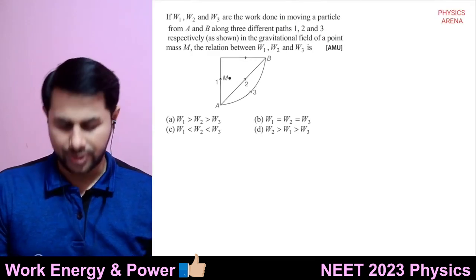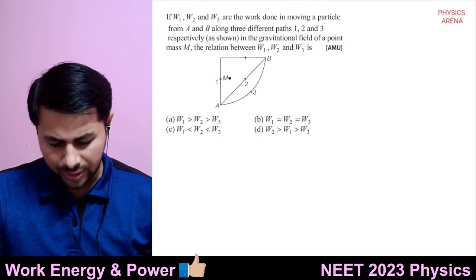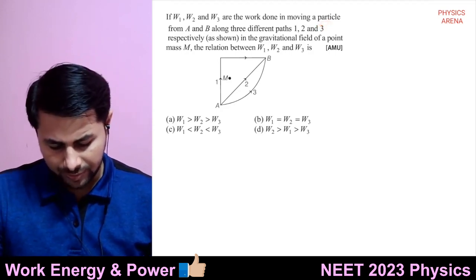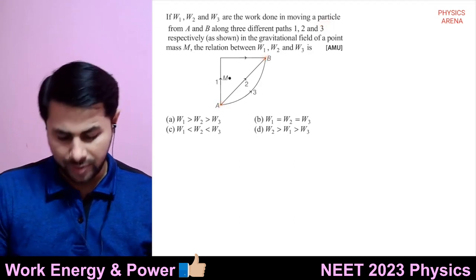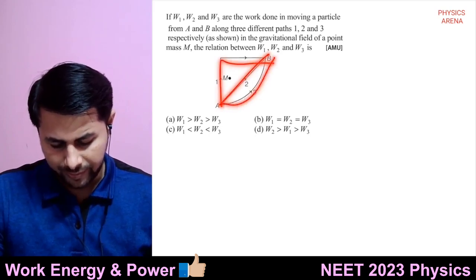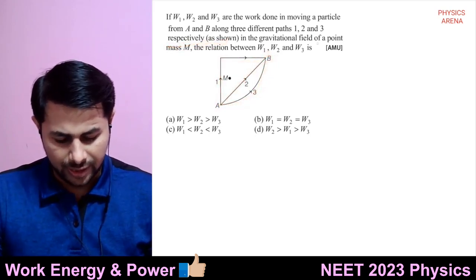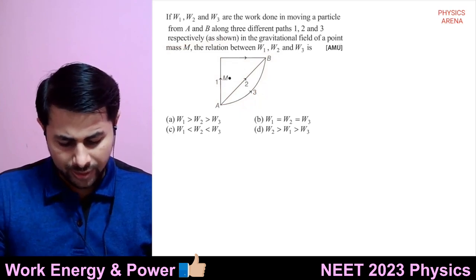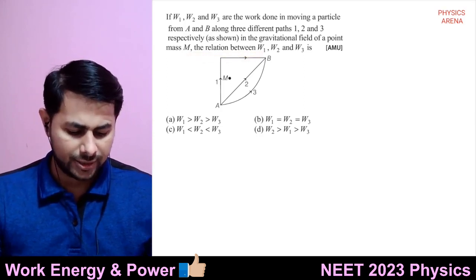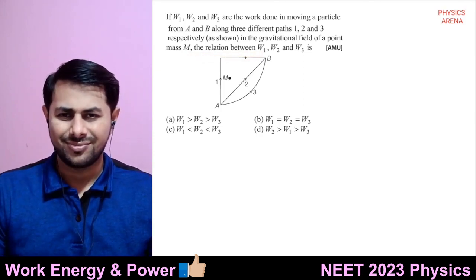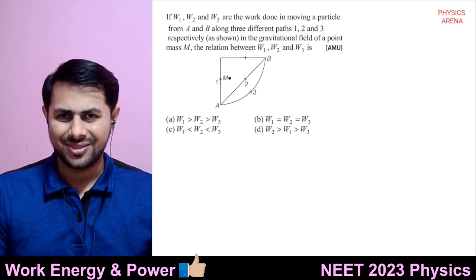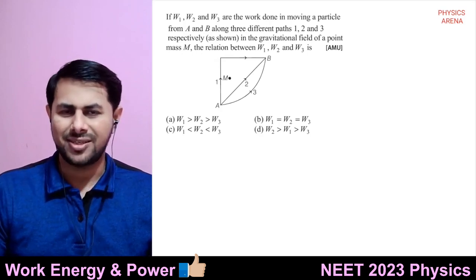Next question. If W1, W2, and W3 are work done in moving a particle from A to B along three different paths, 1, 2, and 3, respectively, as shown in the gravitational field of a point mass m, what is the relation between W1, W2, and W3? This is exactly what we proved yesterday.